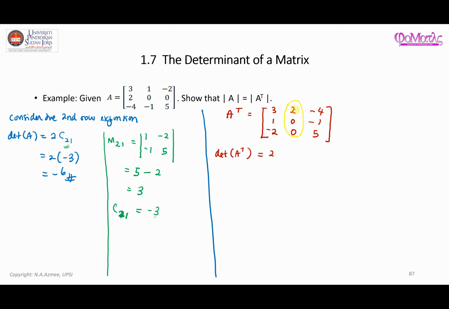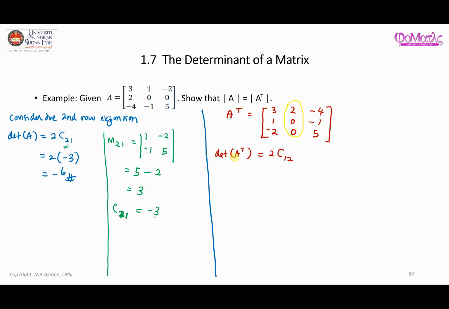2 is at the position of row 1 and column 2, so it will be multiplied with C1,2. First row and second column, so C1,2, yes. The rest of it are 0, so I'm just skipping the first step.